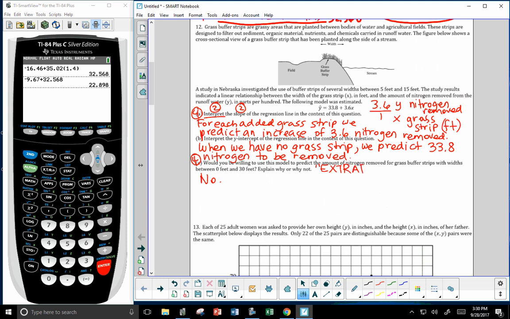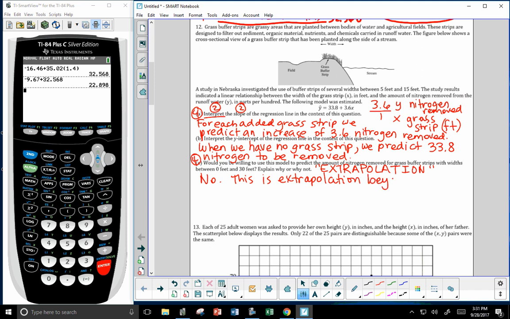You can't say that their findings are going to be true all the way from 0 to 30 feet just because it was true from 5 to 15. Barrier strips narrower than 5 feet or greater than 15 feet were not even studied. So we can't extrapolate. We can't go outside our data and say that something's going to be true about it. So try to use the keyword extrapolation, and say that you can't go beyond the data that was studied.